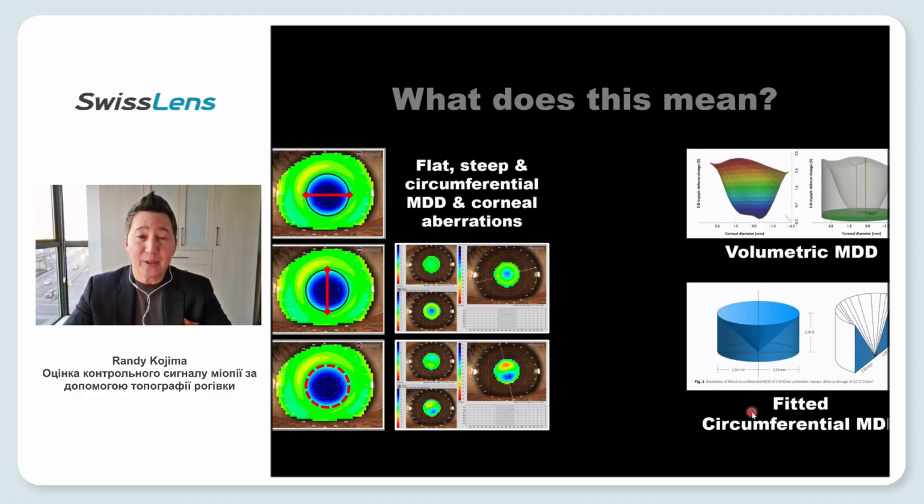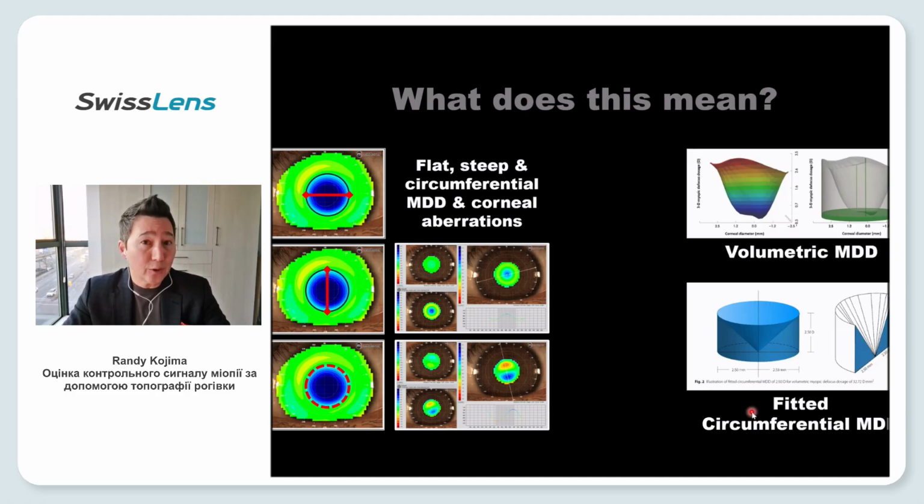Because for the first time, we now have the ability to perform ortho-K on a patient and then measure the signal within, let's say, 2 weeks to a month, and determine, do lens changes need to be made to this lens to provide more signal for this patient?